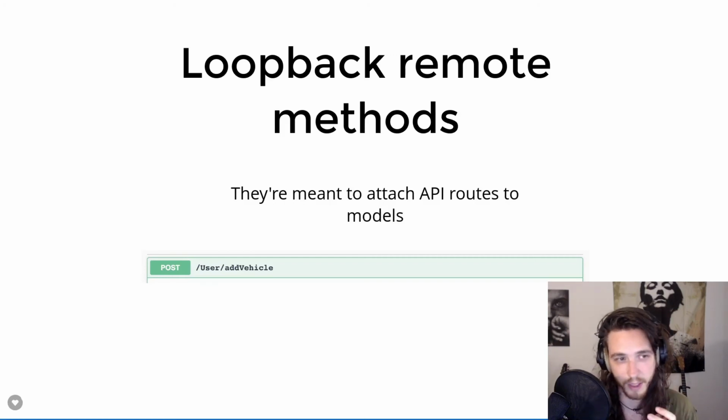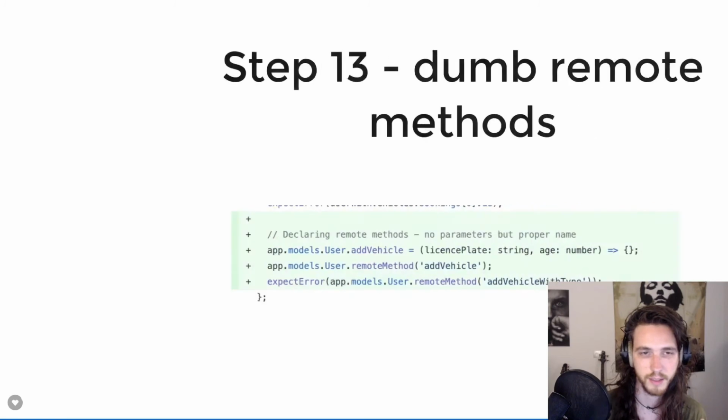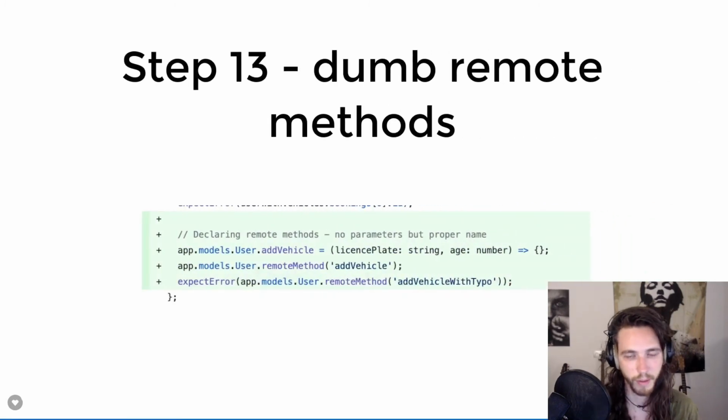Remote methods are attached to a model, and the syntax is the following. It's a simplified one. You have a function here that is your remote method that will be executed once someone queries your server. And once you added this method to your model, you call the remote method function that allows you to declare that this function is a remote method.